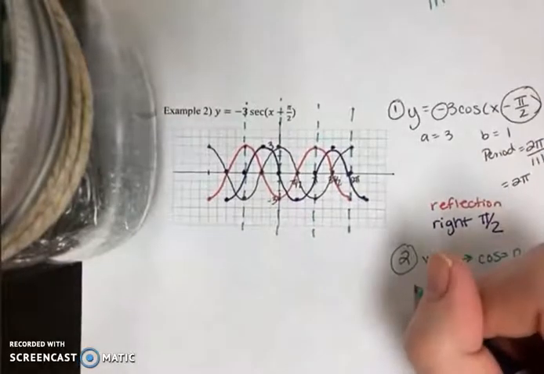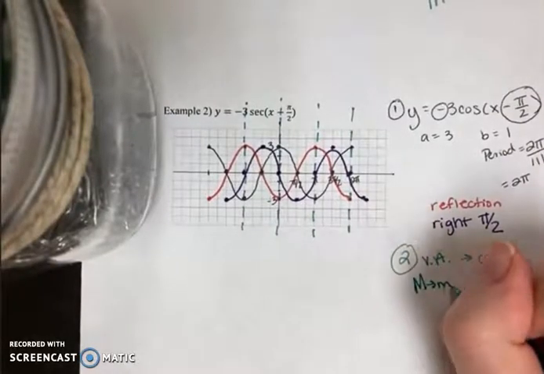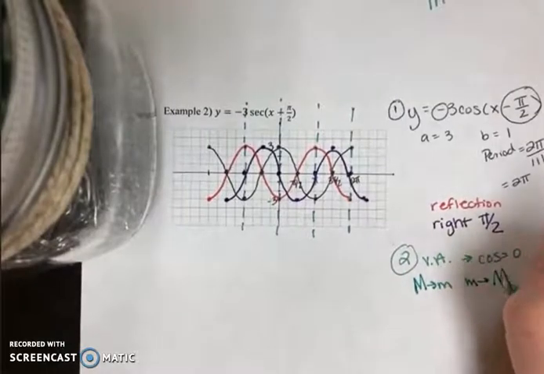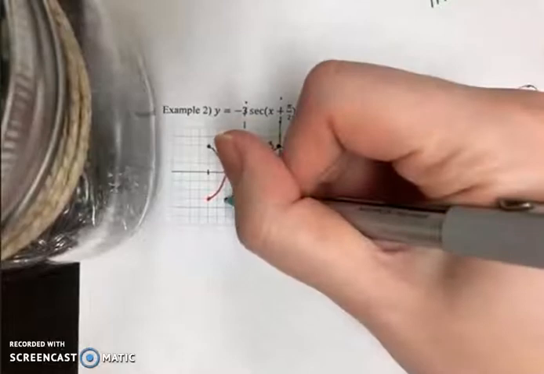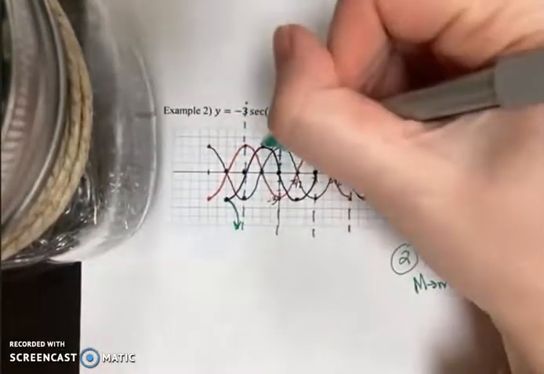Now we need to have our maxes become mins and our mins become maxes. So thus creating our parabolas would look something like this.